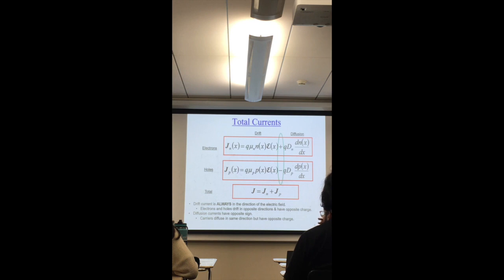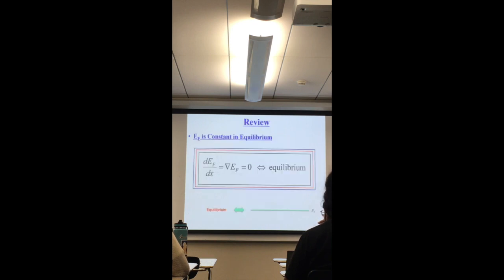But for the diffusion current, they have opposite sign. For electrons it's plus, and for holes it's minus. So if electrons and holes diffuse along the same direction, then the corresponding diffusion currents for electrons and holes must be along opposite directions.